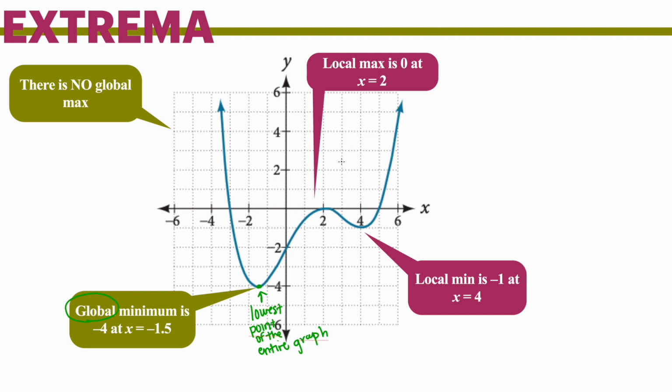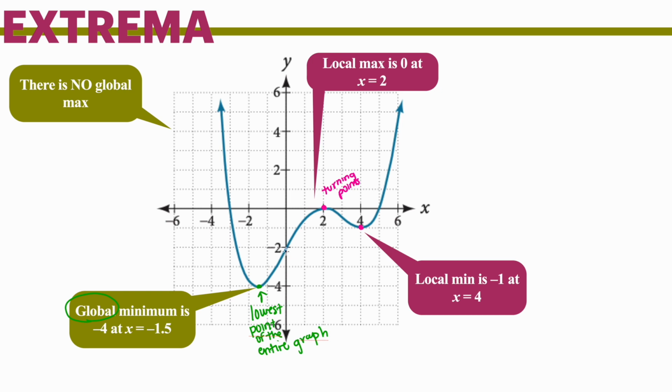These are called local because, again, they're turning points, but they're only the biggest out of this small area right here. This is the biggest point out of only this small area, and this is the lowest out of this small area, okay?